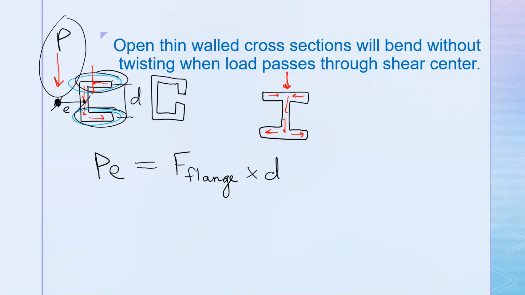So once we find E, what we're solving for is this E value. Now we know that's the point through which we can apply loading, and it won't cause any rotation in the beam.